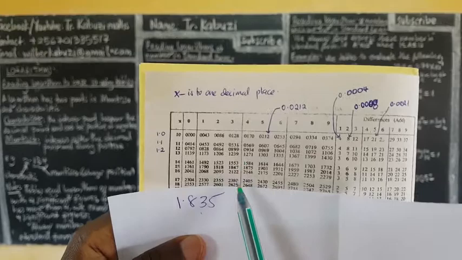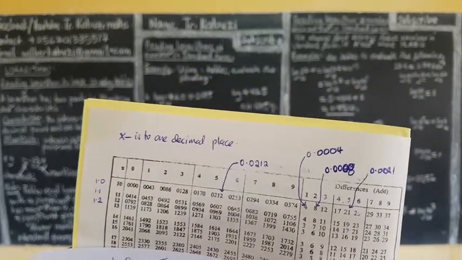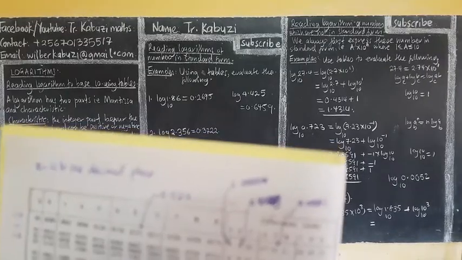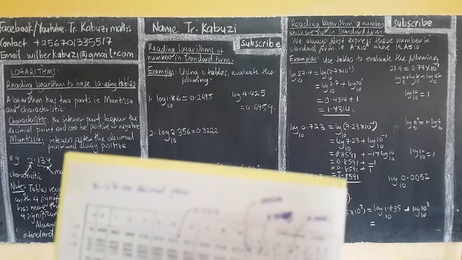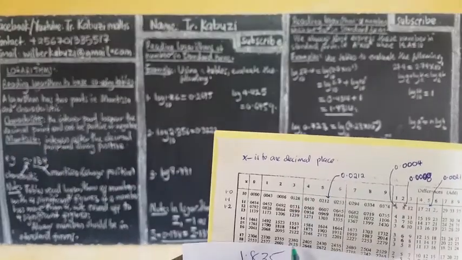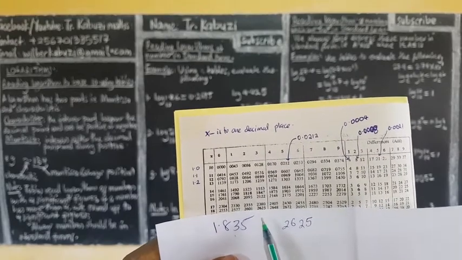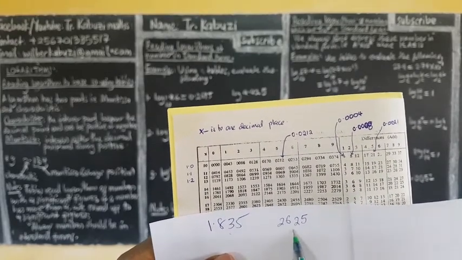So under 3, you see the value we have is there. So this value under 3 is 2, 6, 2, 5. This is the value.